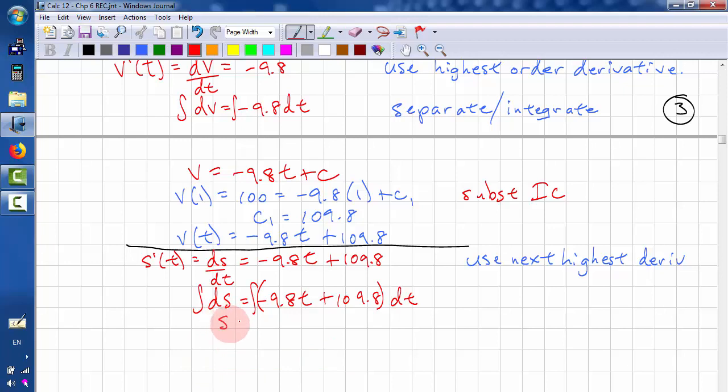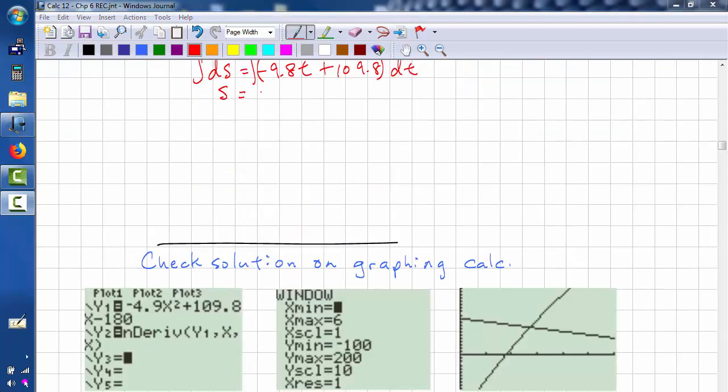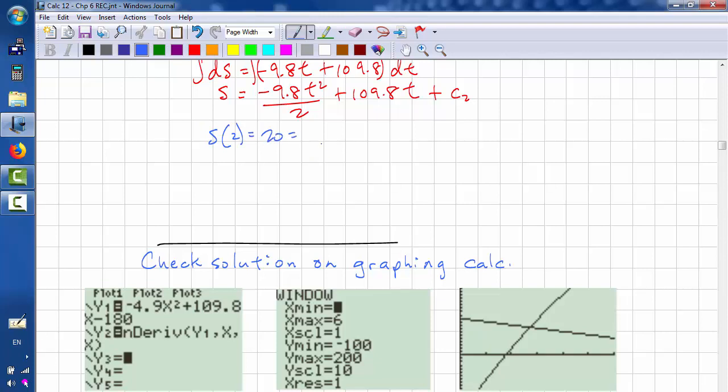So we have s equals, and integrating the right side, we get negative 9.8t squared over 2 plus 109.8t plus c2. Now we substitute our initial condition, so we have s of 2 equals 20 equals negative 9.8 times 2 squared over 2 plus 109.8 times 2 plus c2.